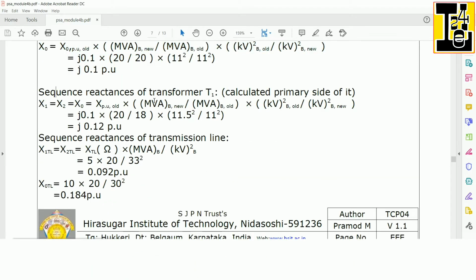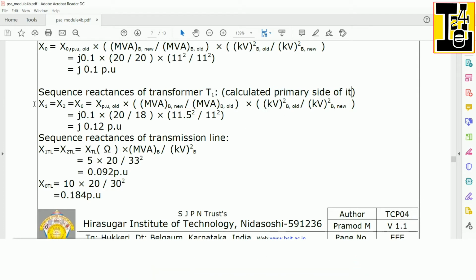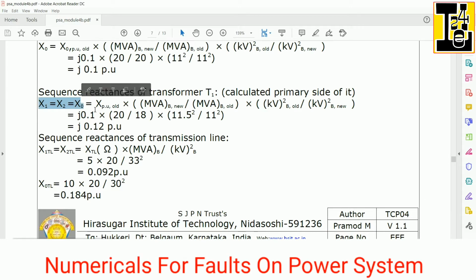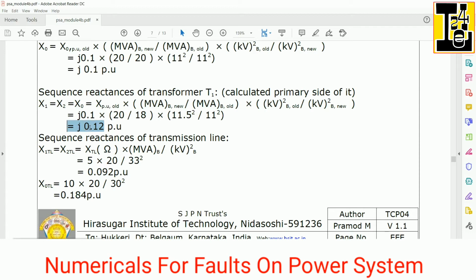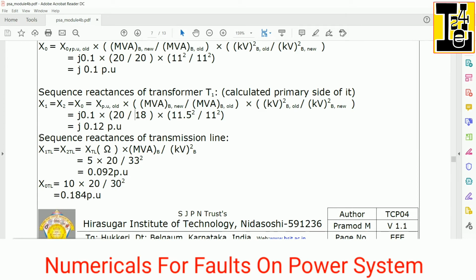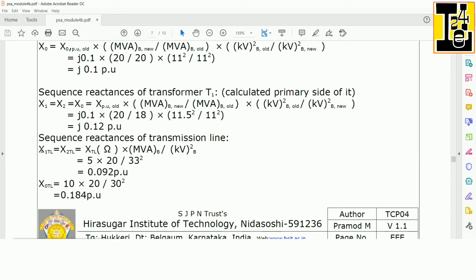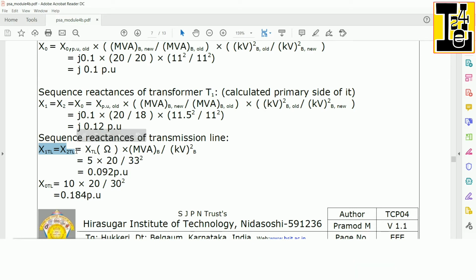Calculate the sequence reactances of the transformer T1. Considering the primary side of it, we can calculate X1 is equal to X2 is equal to X0, which are equal to each other. By using this formula, substituting the values, we have the transformer new reactance value as 0.12 per unit. Calculating for the transmission line, X1 per unit reactance of the transmission line is equal to X2 per unit reactance of the transmission line.